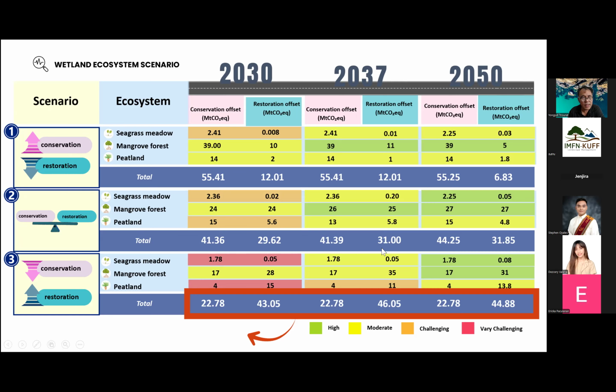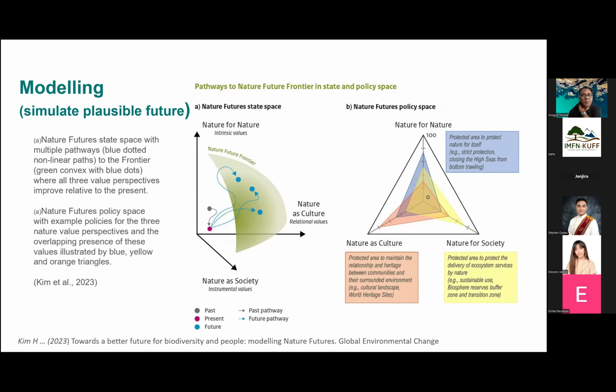But if we have a quite balanced second option, it shows a very high amount of contribution to carbon emission reduction through various options. So conservation and restoration should work hand in hand, not taking only one side, either conservation or restoration. Okay.